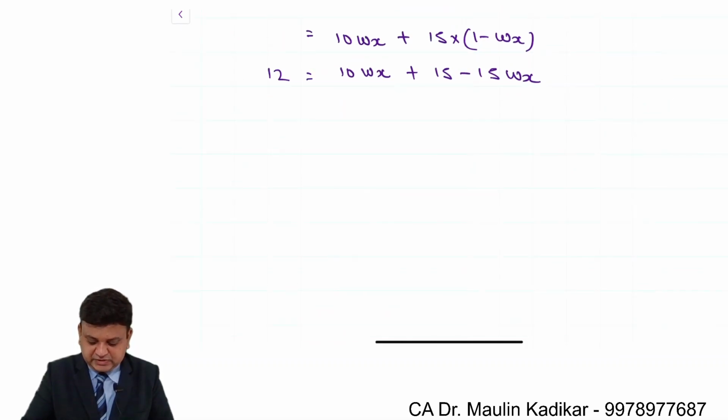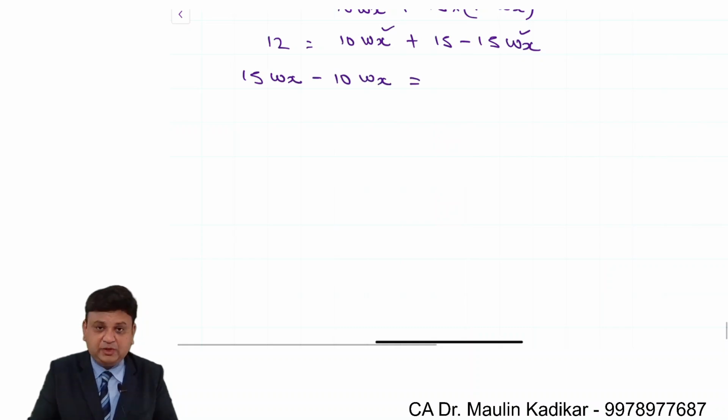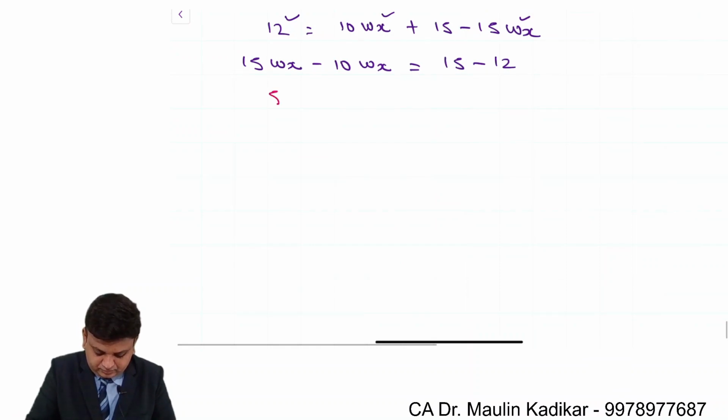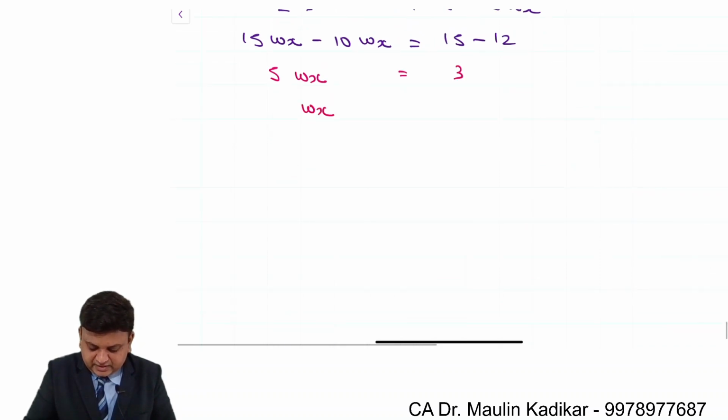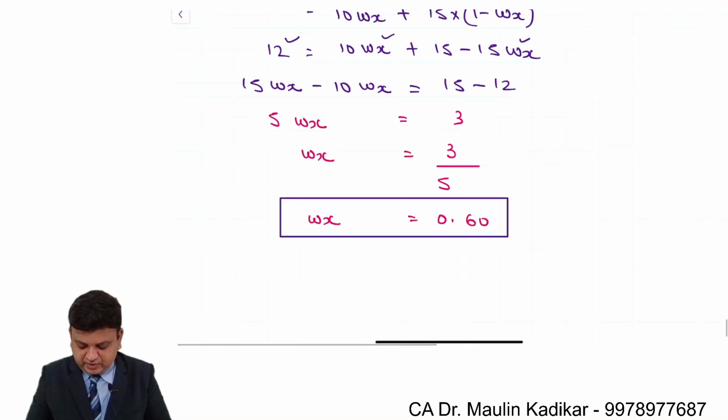Now 15 WX and 10 WX are transferred to the left hand side. So 15 WX becomes positive, minus 10 WX becomes negative, and 15 minus 12 is transferred to the opposite side. 5 WX is equal to 3. WX is equal to 3 divided by 5. So WX is equal to 0.60. That is the way we compute WX.